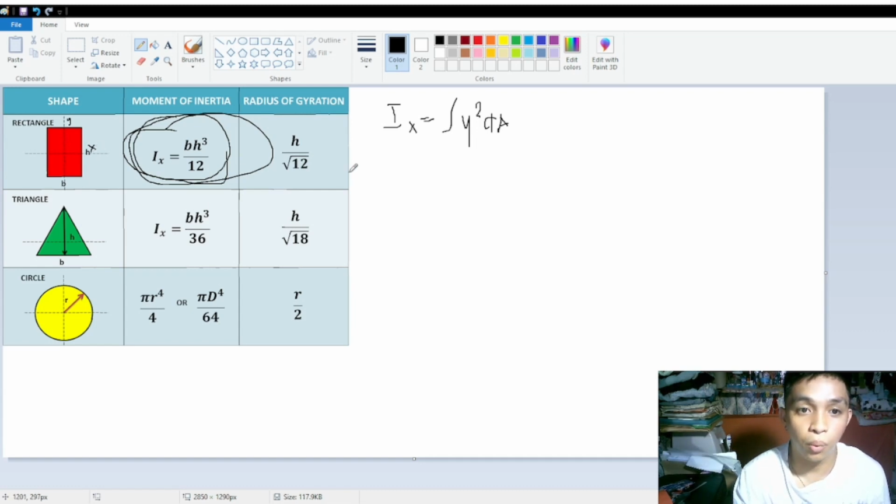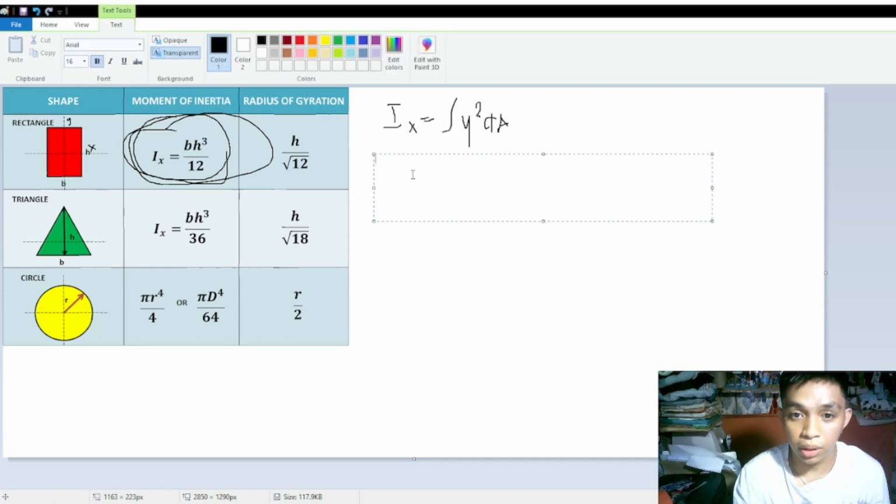So how about when the x and y axes are not at the center of the object? We will be using the transfer formula for moment of inertia.